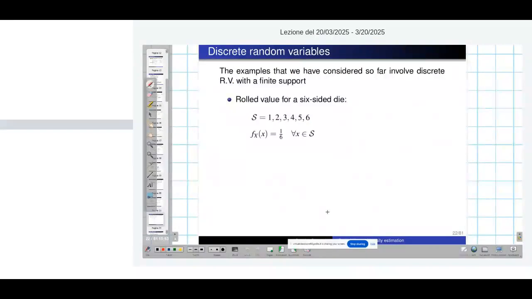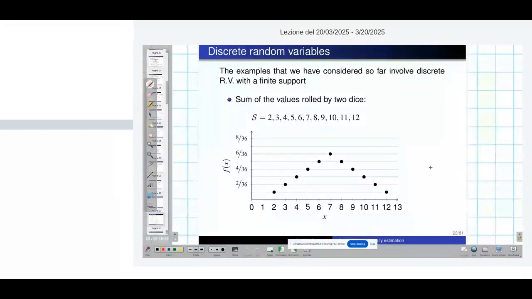Example: when we roll a 6-sided die, we have 1 out of 6 outcomes, and we have a probability mass function that is 1 out of 6 for all the values that the random variable can take.